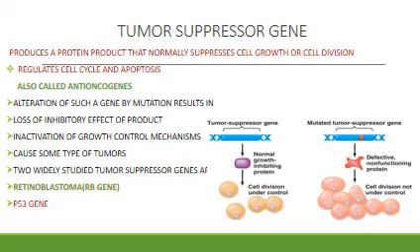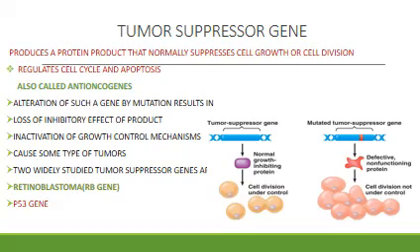So, tumor suppressor genes, they produce a protein product, as you can see on the left hand side of the figure, which normally controls cell growth or cell division. So it is regulating cell cycle and apoptosis. They are also known as anti-oncogenes. Now what happens if this becomes mutated? The tumor suppressor gene becomes mutated.